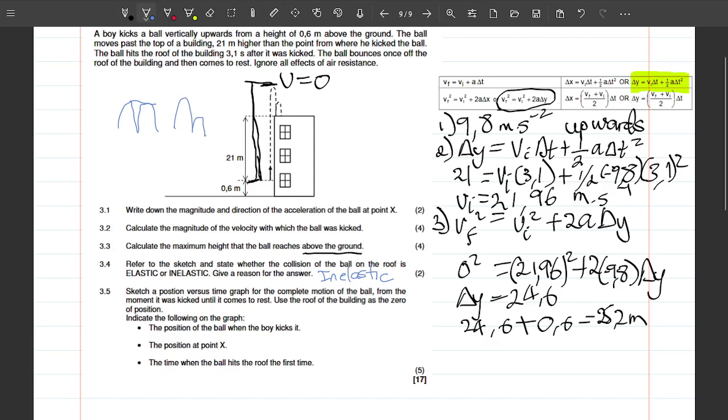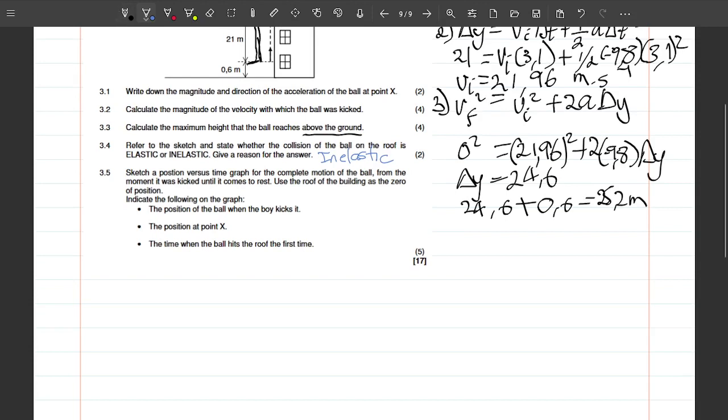Okay, then the one following, sketch a position versus time graph. So they're saying we have to start from the position x and so on and so forth. So I'm just going to roughly create my axes. So this would be somewhat like that.